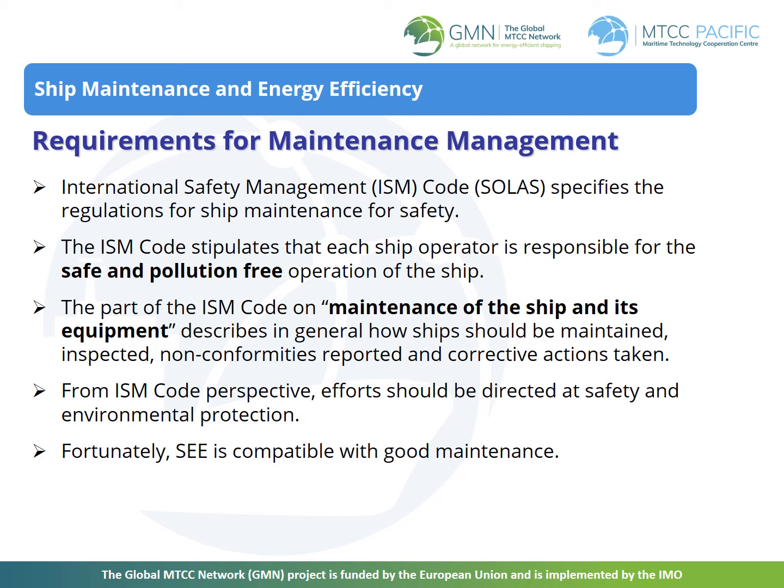Accordingly, the ISM code states that the shipping company should establish procedures to ensure that the ship is maintained in conformity with the provisions of the relevant rules and regulations and with any additional requirements which may be established by the company. Based on the ISM code, it is a requirement that the company should identify equipment and technical systems that through sudden operational failure might result in hazardous situations.